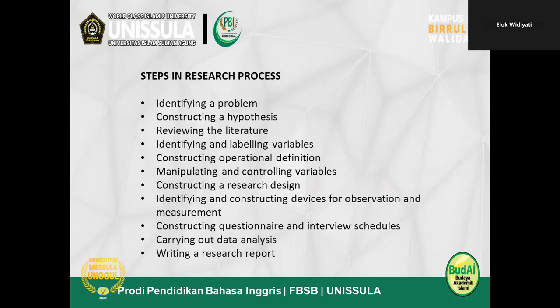The next is how about the steps in the research process? The first, as we know from the previous slide, is identifying a problem, constructing a hypothesis, reviewing the literature, identifying and labeling variables, constructing operational definitions, manipulating and controlling variables, constructing a research design, identifying and constructing devices for observation and measurement, constructing questionnaire and interview schedules, carrying out data analysis, and then the last is, of course, writing a research report.